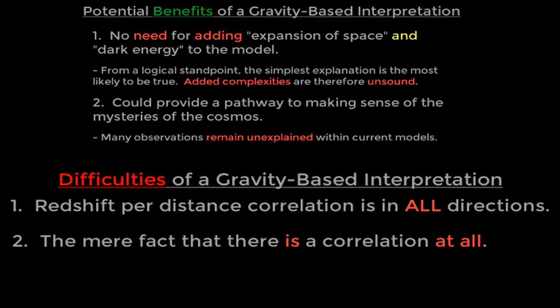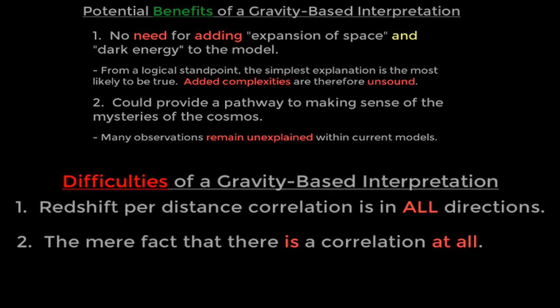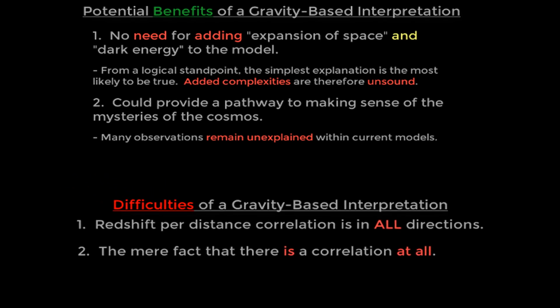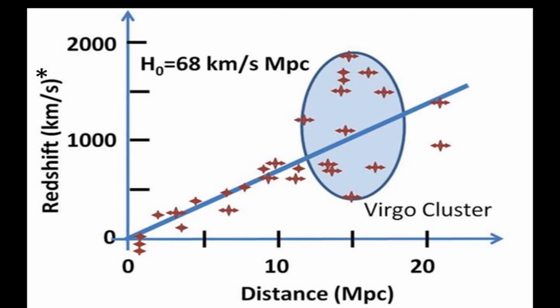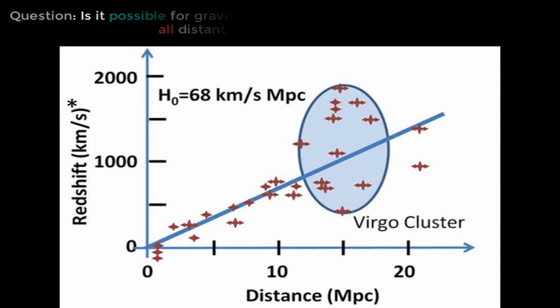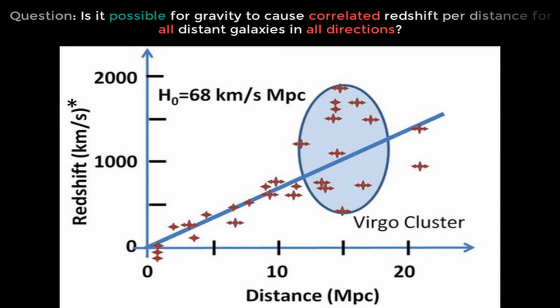As we will go into, it may appear as if the existence of the correlation proves that the redshift is not caused by gravity. Finding a model that uses gravitational redshift and successfully explains the redshift observations may prove to be impossible. The question becomes, is it possible for gravity to cause correlated redshift per distance for all distant galaxies in all directions?